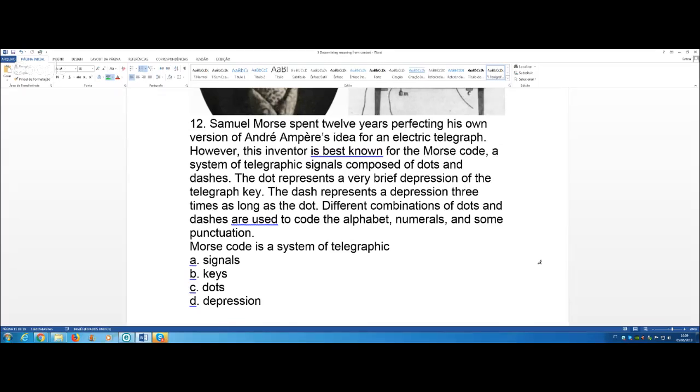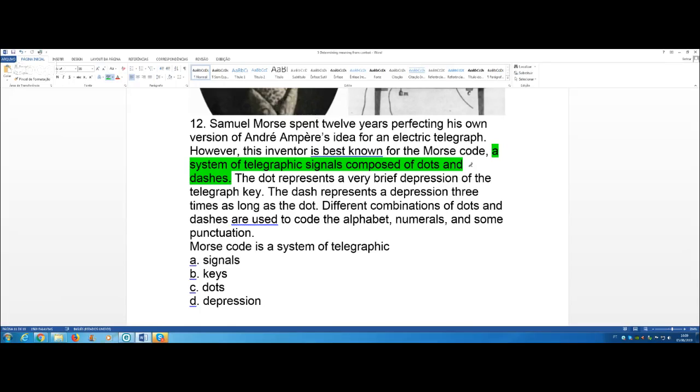And this code, what is that trick in grammar called? It's not a relative clause. The Morse code, which is a system. Okay, but that is not a relative clause. What is this? When you reduce the relative clause, it becomes an appositive.